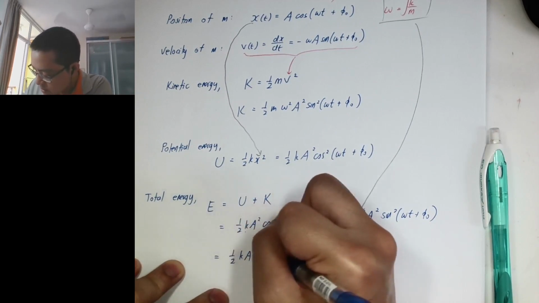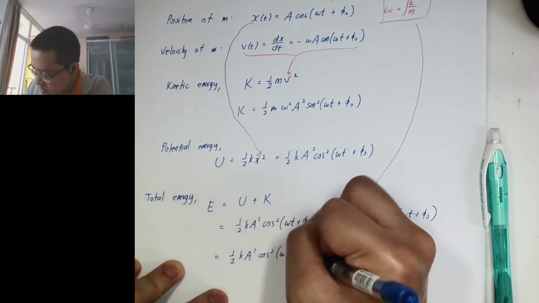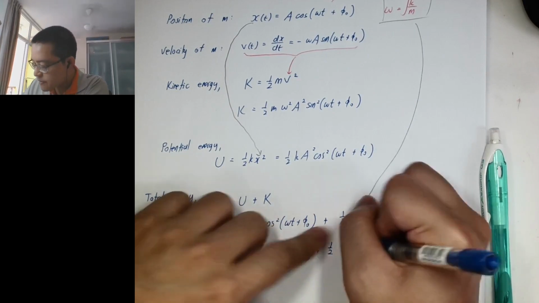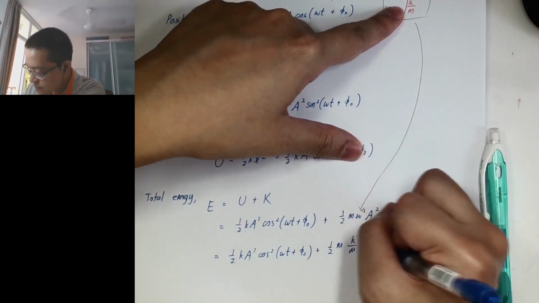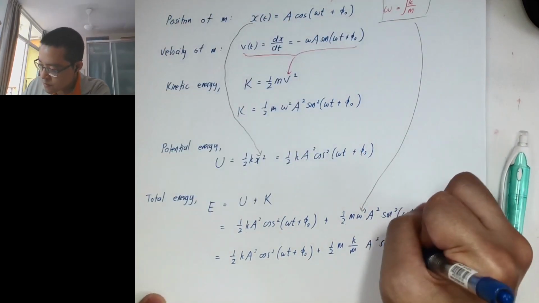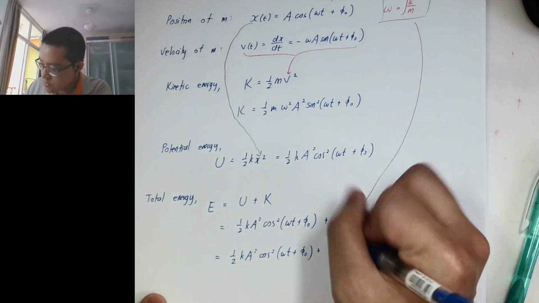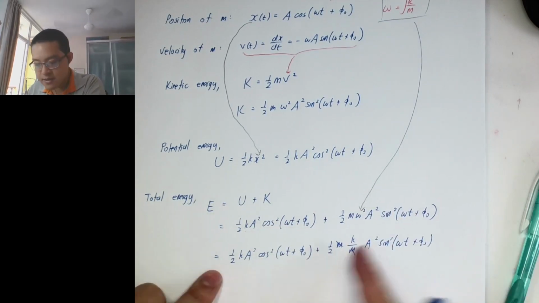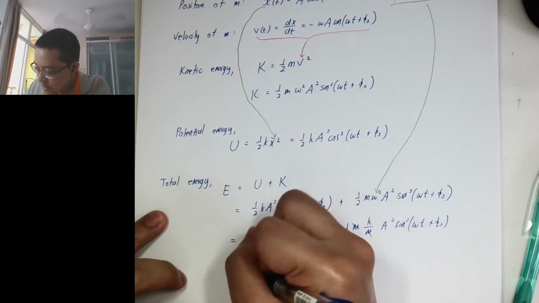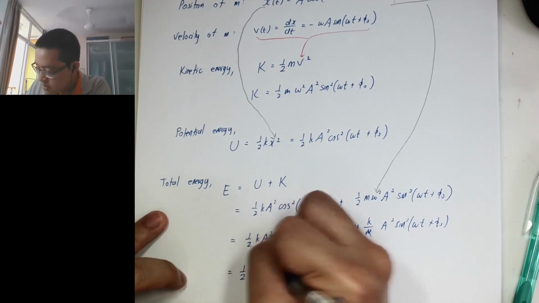So I got cos squared (omega t plus phi 0). And then half m omega squared is half m times k over m. So cancel the m. It's just half ka squared. This is also half ka squared. So actually half ka squared can be factorized.